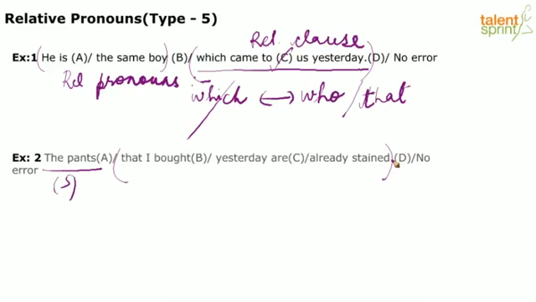Now here, do you think that is the right relative pronoun? Okay, you can say the pair of pants. If I say the pair of pants that I bought, or the pair of trousers, if I had said like this, then it would have been a subject verb agreement error.